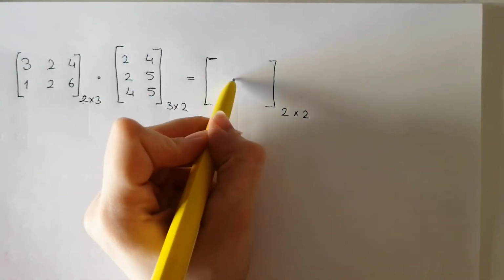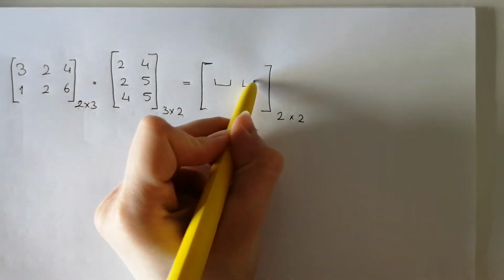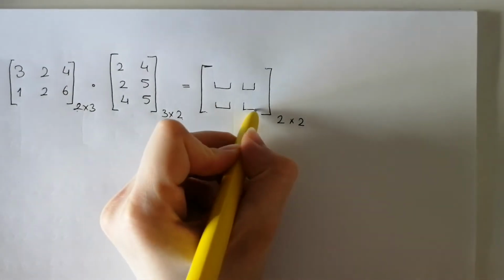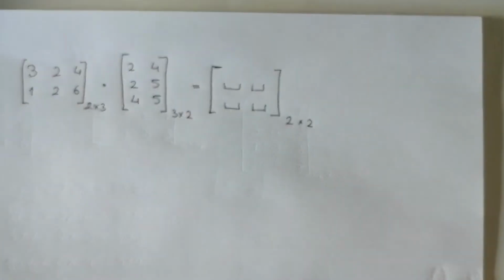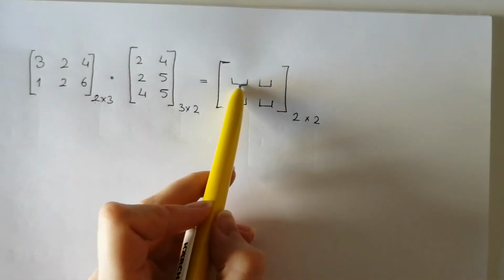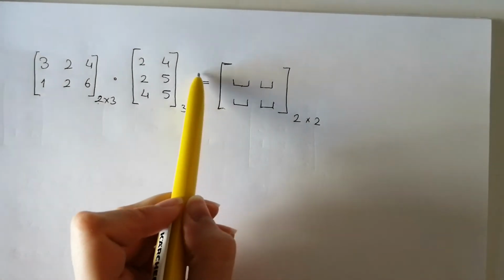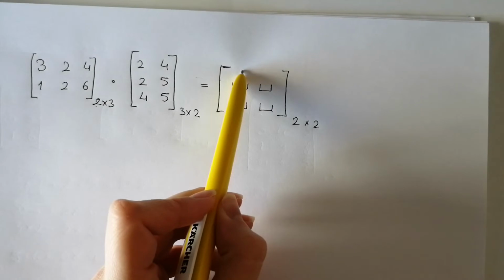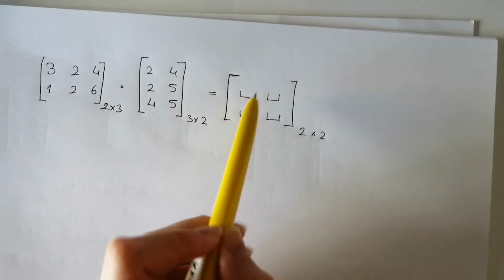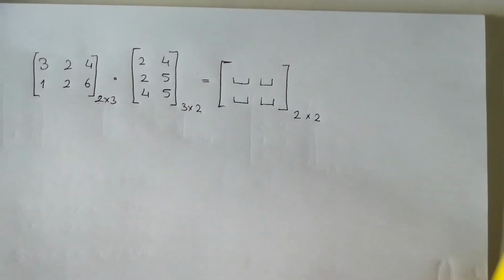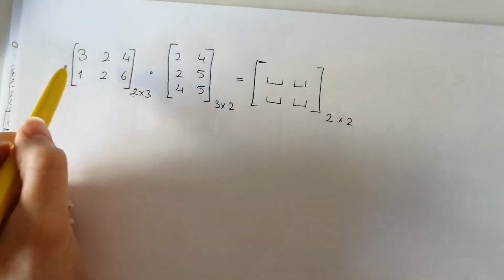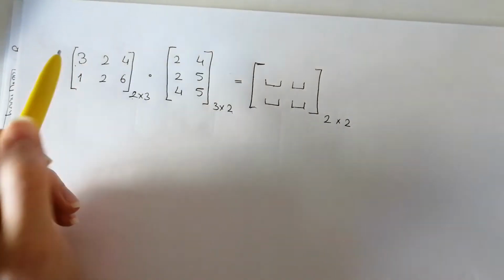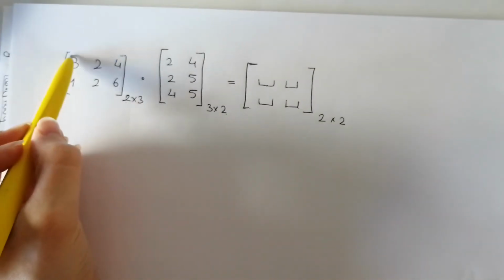So it will have 1, 2, 3, 4 entries. And let's find these entries. The first entry is the first row, first column. So the entry in the first row, first column, how do we find it? We multiply two vectors.